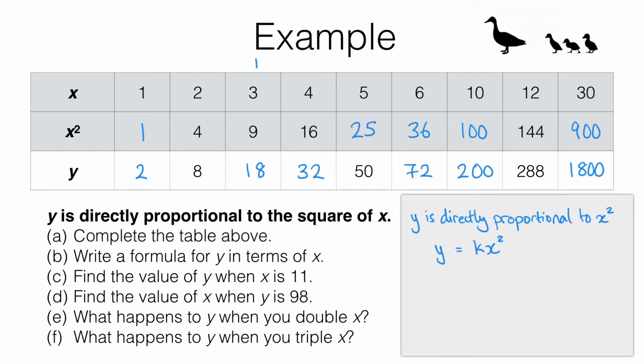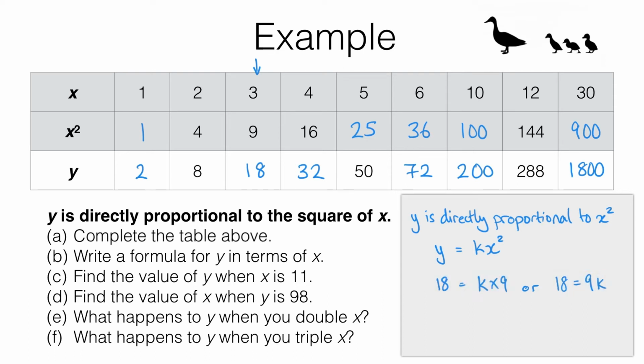We can use any column we like from this table. I'm just going to pick this one here. So what does this tell us? It tells us that 18 equals k multiplied by x squared. Now x is 3 and x squared is 9, so it's k times 9. In other words, we could write this as 18 equals 9k.